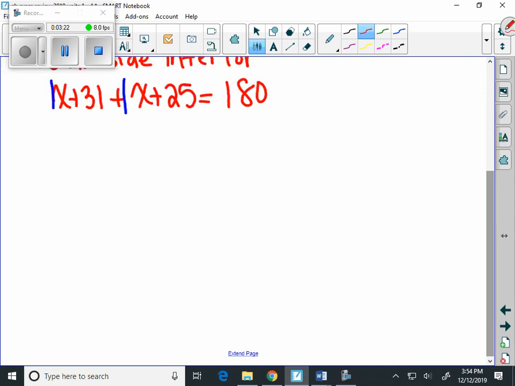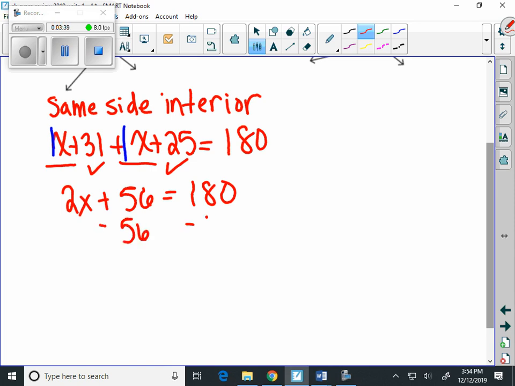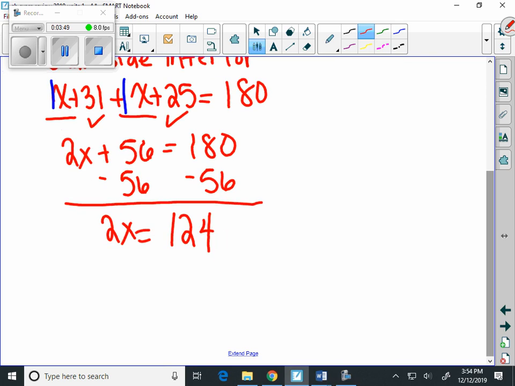When we combine like terms, 1x plus 1x is 2x. 31 plus 25 is 56, and that equals 180. We can subtract 56 from both sides, and we get 2x equals 124, and when we divide both sides by 2, we get our value of x, which is 62.